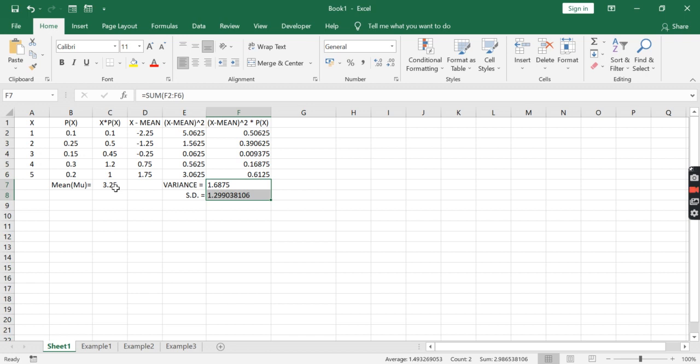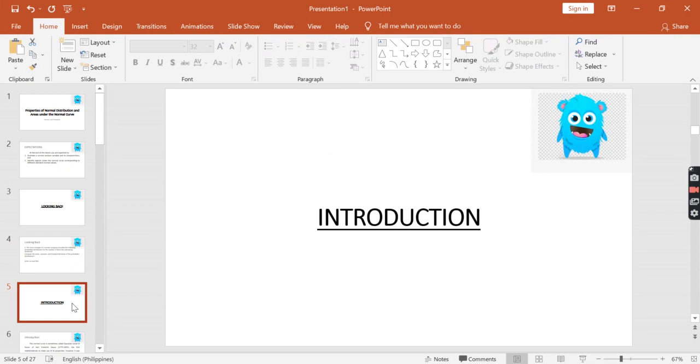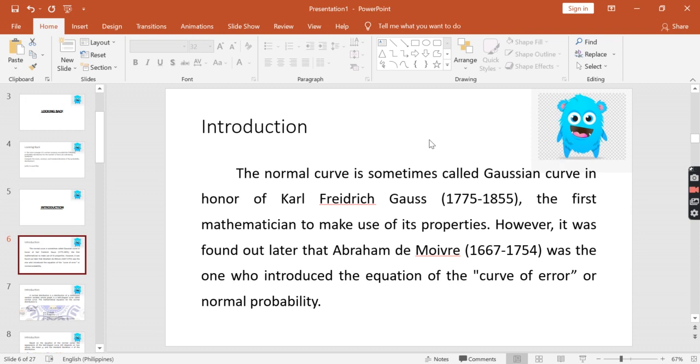Now let's proceed with the topic. Let's have some introduction first about our main discussion for today. The normal curve, sometimes called the Gaussian curve, is named after Carl Friedrich Gauss.